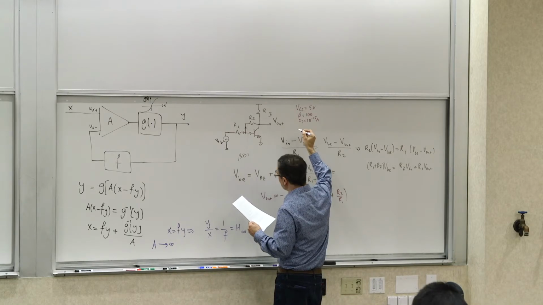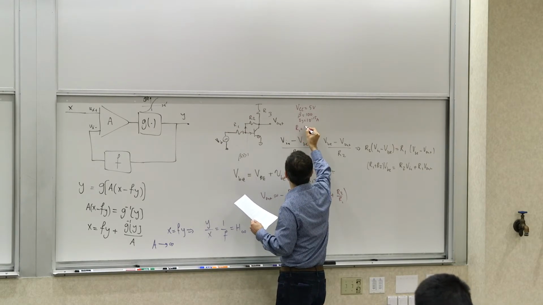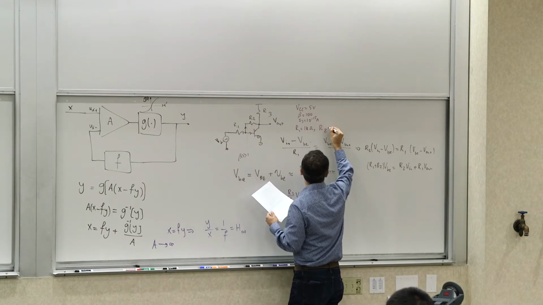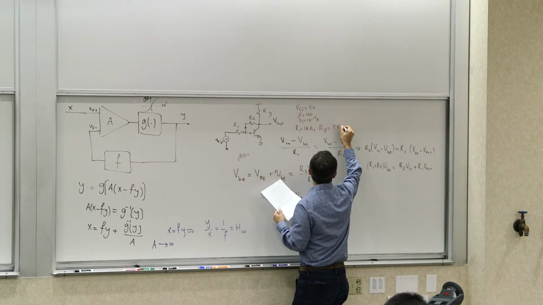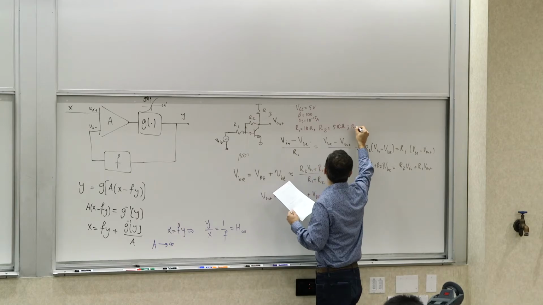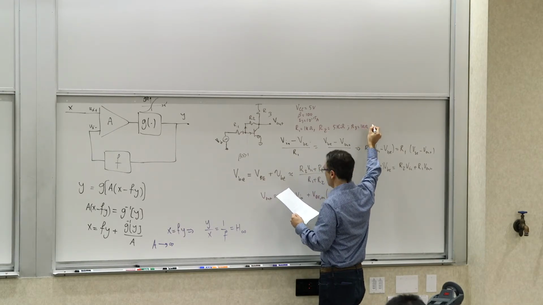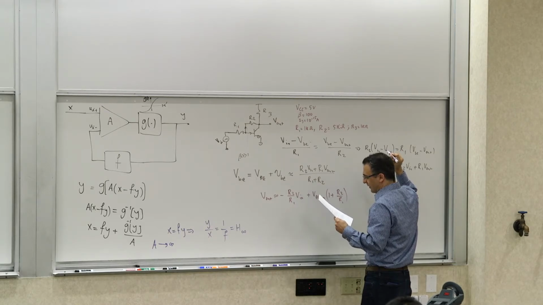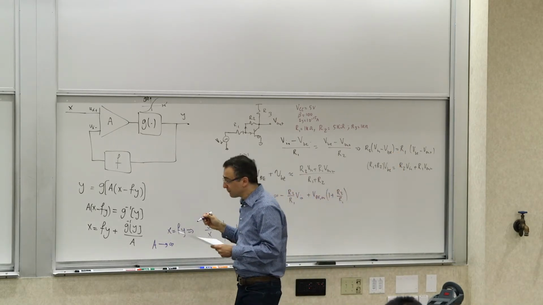The key parameters are R1, 1 kilo ohm, R2, 5 kilo ohm, and R3 of 1 kilo ohm. These are the same parameters we used when we tried this example last time.